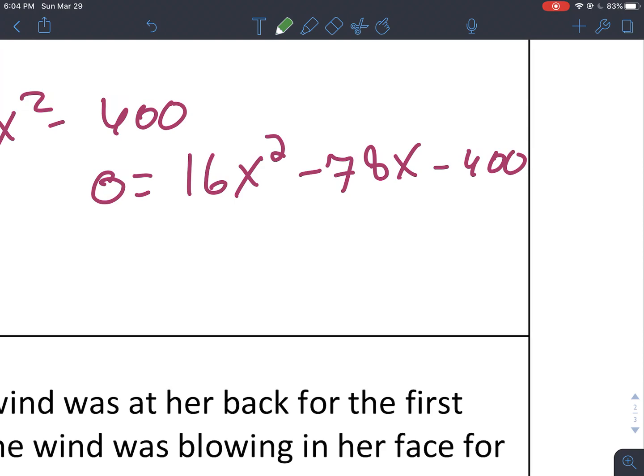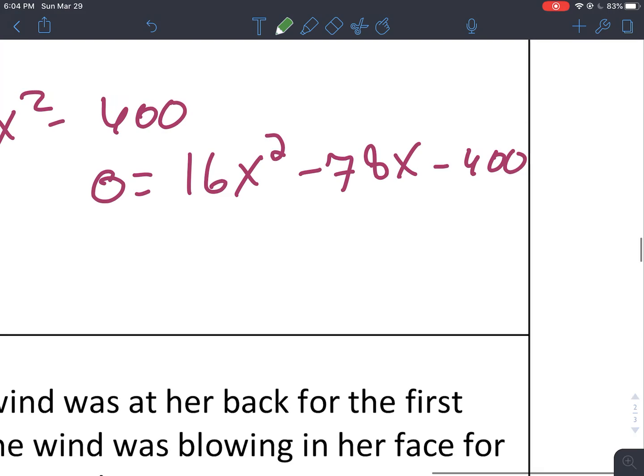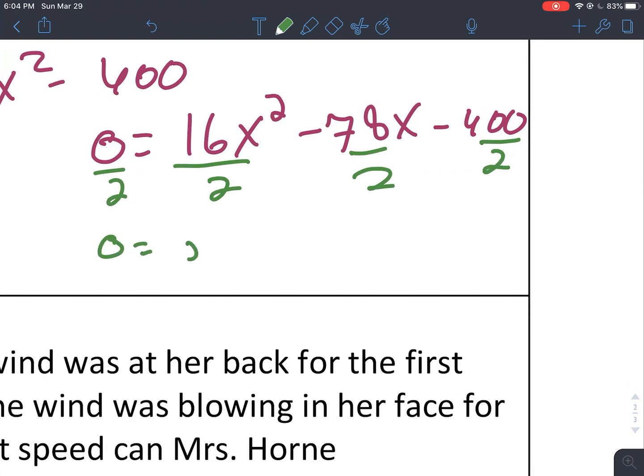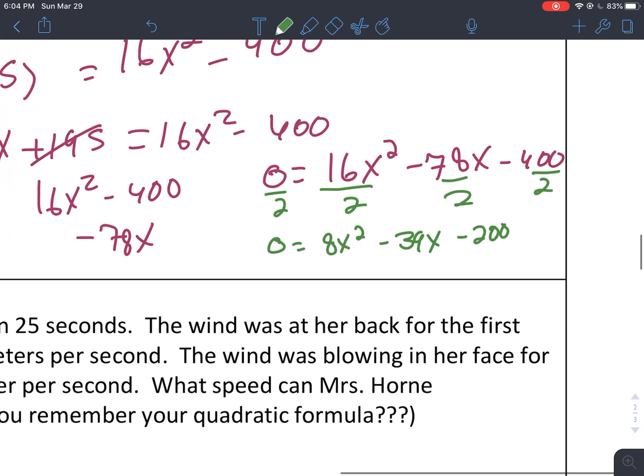Nope. 78 divided by 4? No, only 2. Are you kidding me? So only 2. I guess that makes sense. So we divide by 2, divide by 2, divide by 2. 0 is equal to 8x squared minus 39x minus 200.